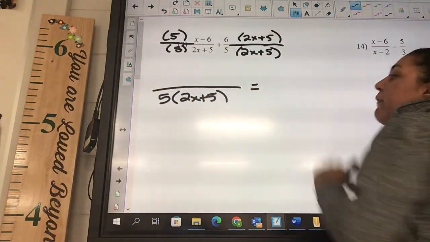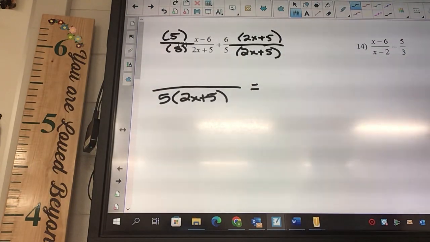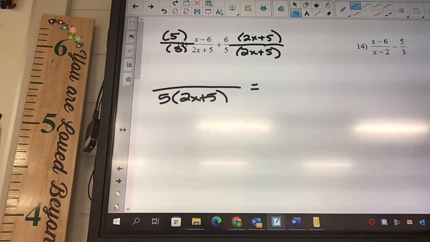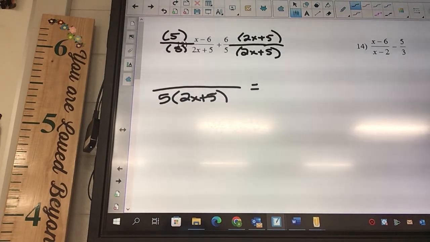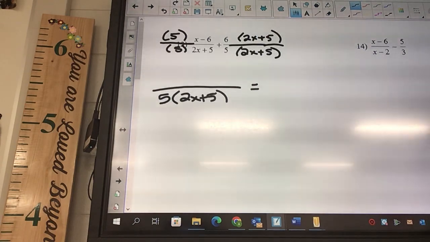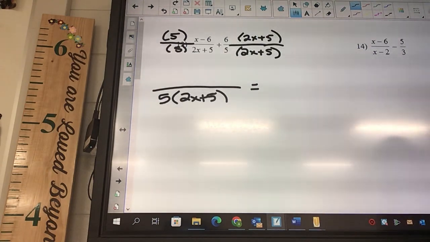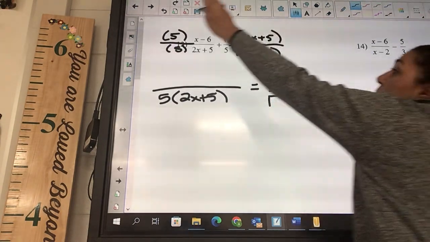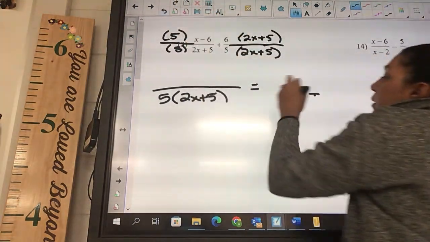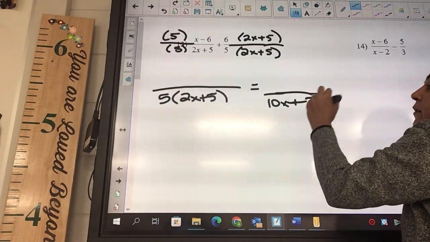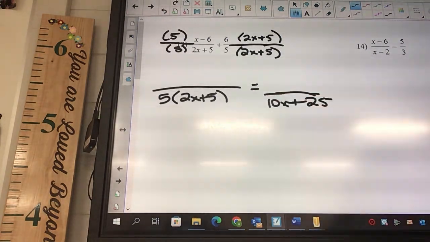What is an equivalent denominator for that? See how good you guys are. 10x squared and then 25. Close. It's going to be 10x plus 25. Not x squared. I know what you meant. So an equivalent denominator would be the simplified one, 10x plus 25. That is the same as that denominator.